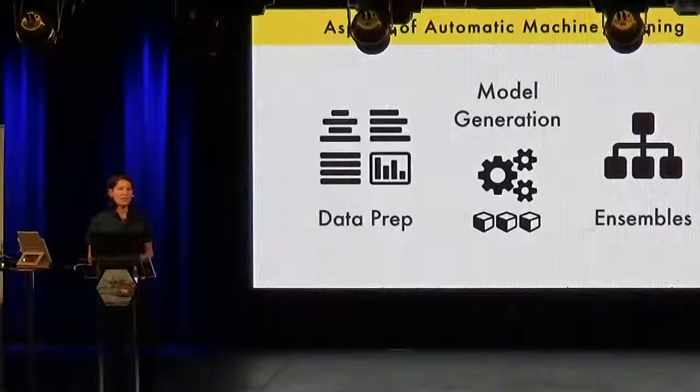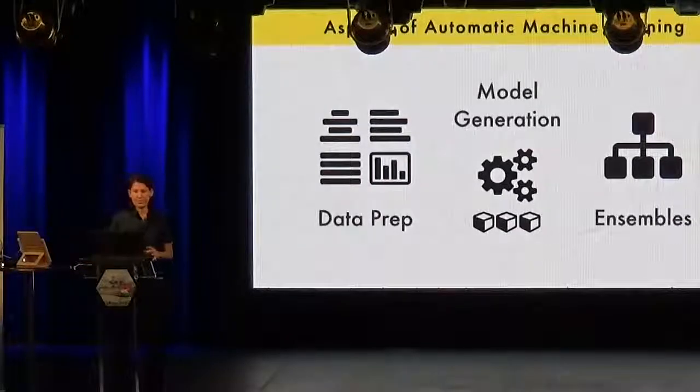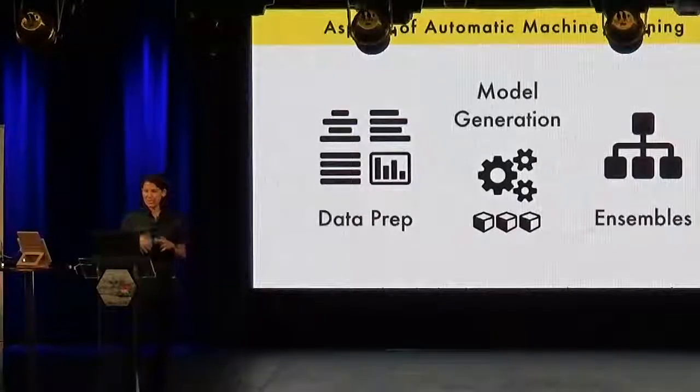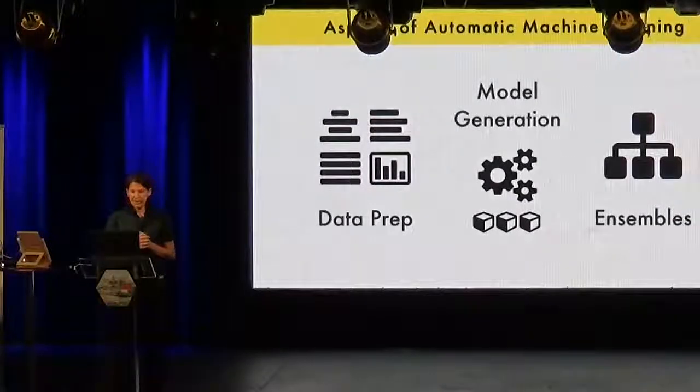So the first thing, which is required in any machine learning process, is you have to prepare your data in some way, first to make it able to be read by machine learning algorithms, so just formatting your data into rows and columns. And then this could include any other data preparation, like imputing missing values or encoding categorical values.